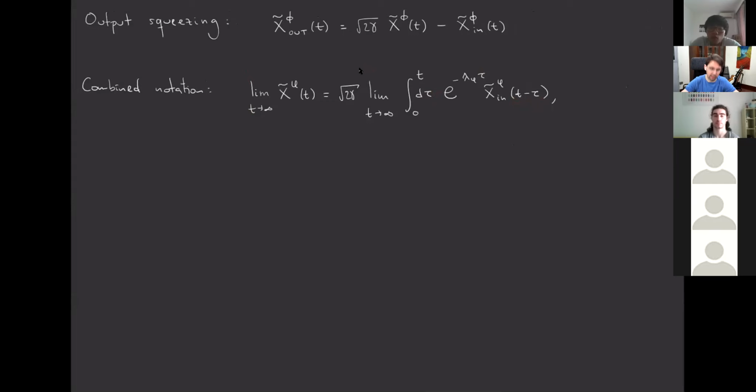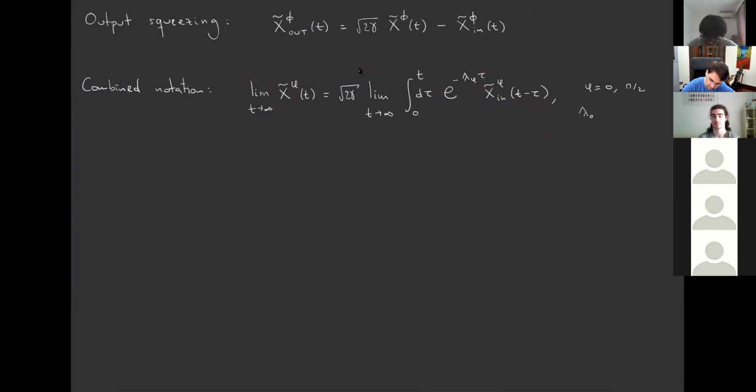And now the same expression you get for the momentum quadrature, but now with a different lambda, okay? Instead of gamma minus g is gamma plus j. And in particular, so let me tell you here. So here the phi will be either 0 or pi over 2.